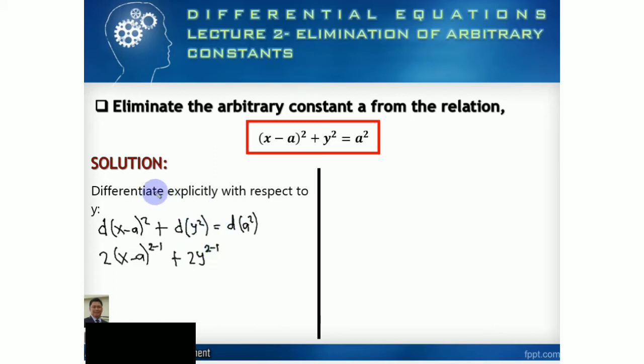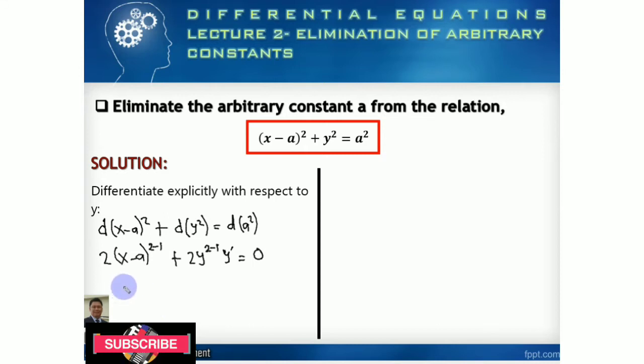Since we differentiate explicitly with respect to y, this would be the derivative of y, which is y prime, which is equal to the derivative of a, which is a constant, so just equal to 0.